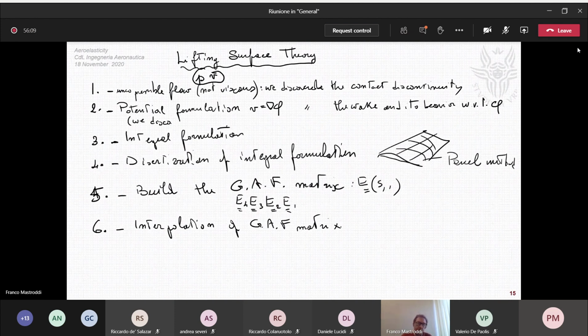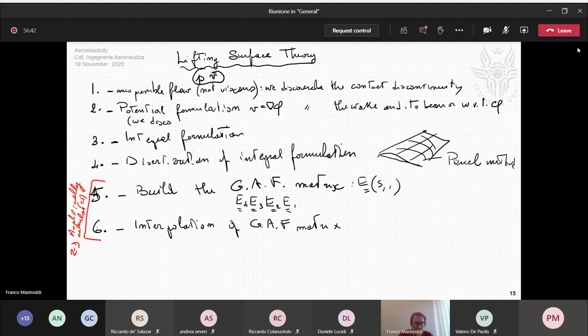Okay, these two points are also analytically calculated, in the 2D case, with the airfoil theory. And this is the Theodorsen theory.